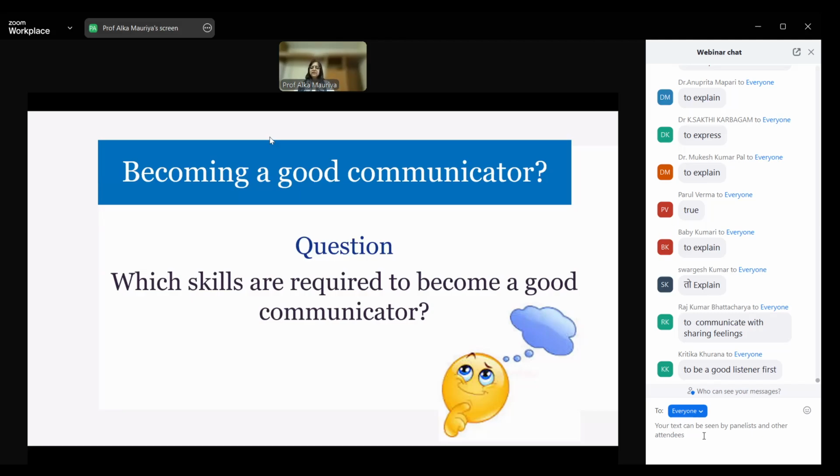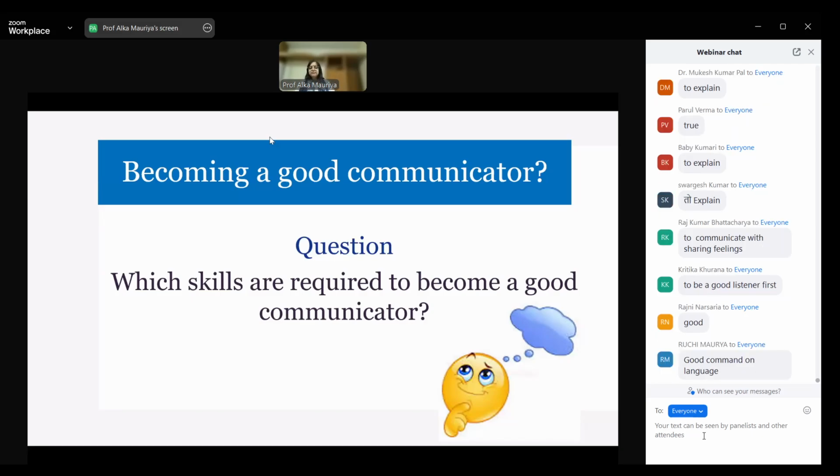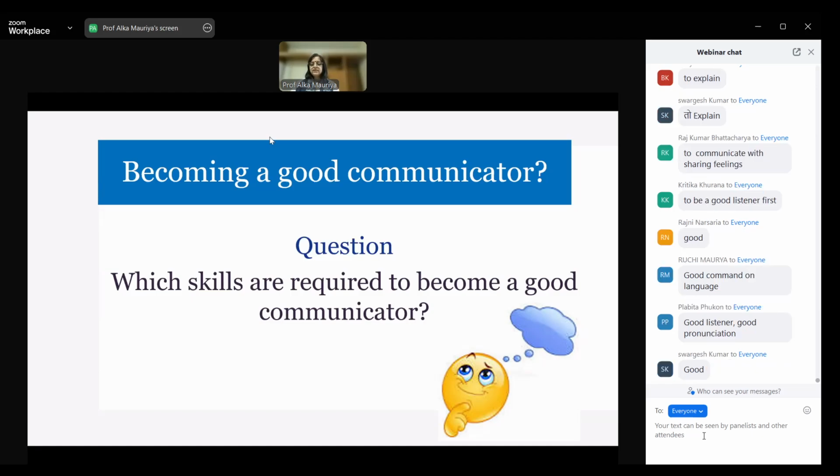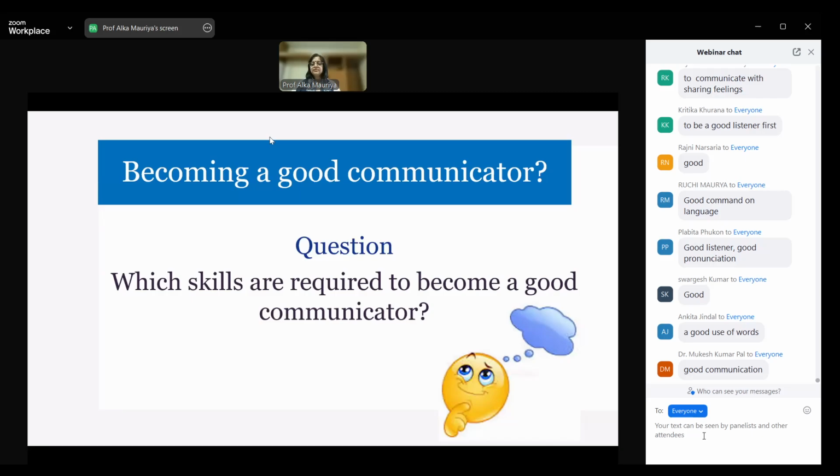Communicating with sharing feelings, good, Professor Rajkumar. To be a good listener first, good, Professor Kritika. Good command on language, good, Professor Ruchi. Good listener, good pronunciation, okay.